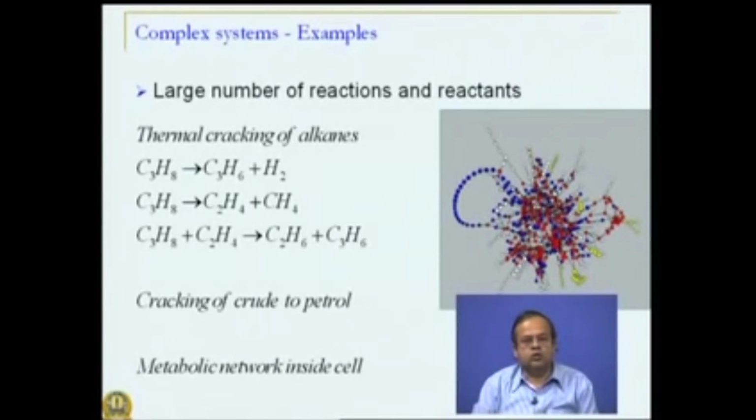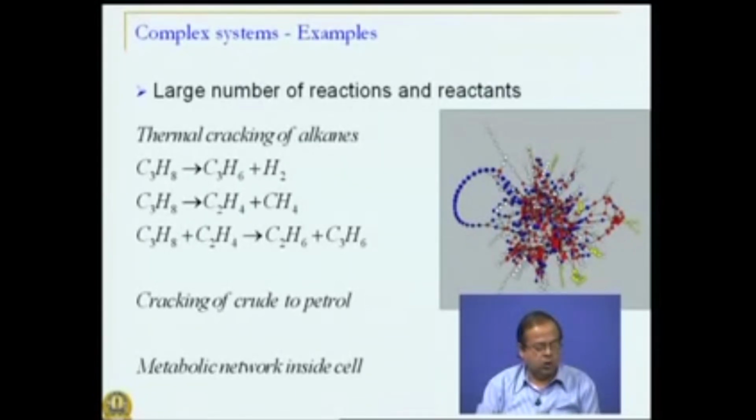Rather, there is no single chemical species which we say is crude oil or petrol, but rather what we have is a mixture of different chemical species which together constitute what we call crude oil or petrol and so on.